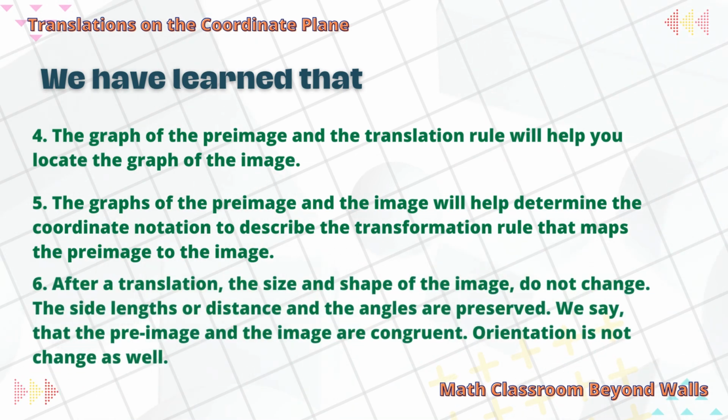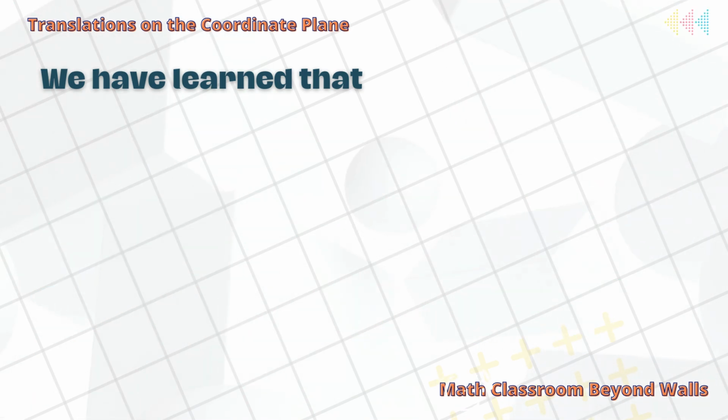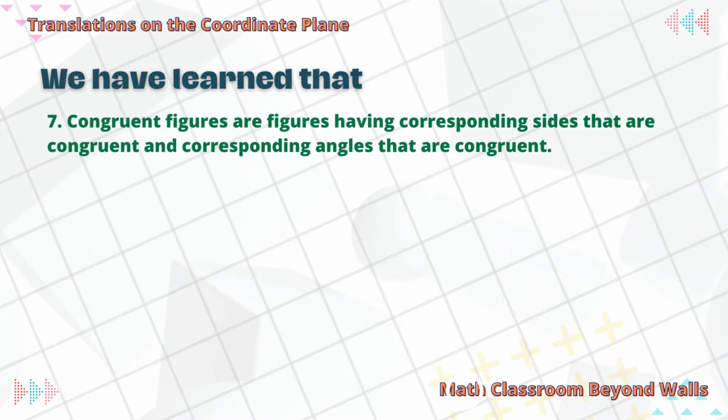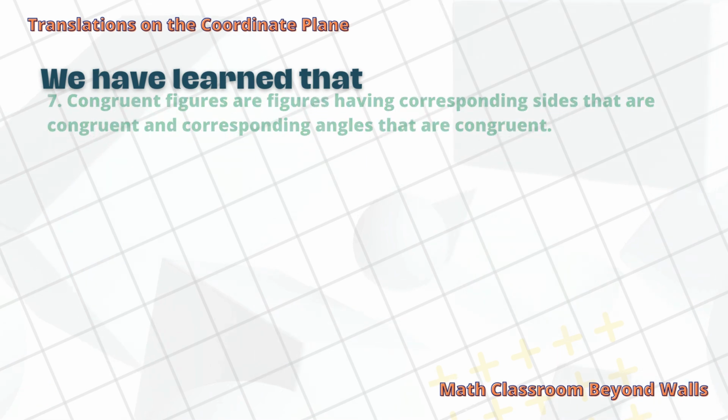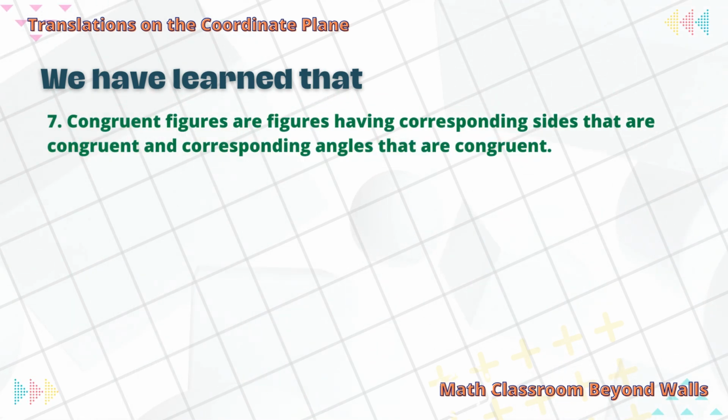Sixth, after a translation, the size and shape of the image do not change. The side lengths or distances and the angles are preserved. We say that the preimage and the image are congruent. Orientation is not changed as well. Seventh, congruent figures are figures having corresponding sides that are congruent and corresponding angles that are congruent.